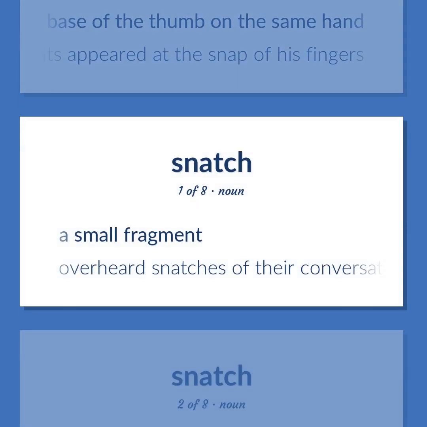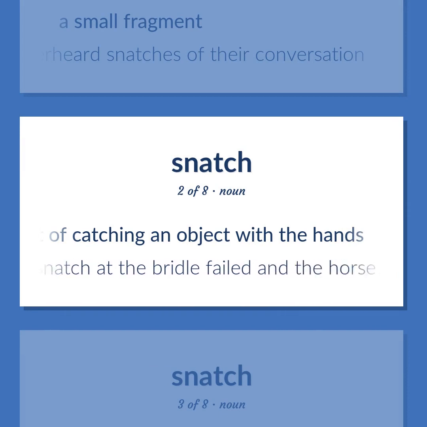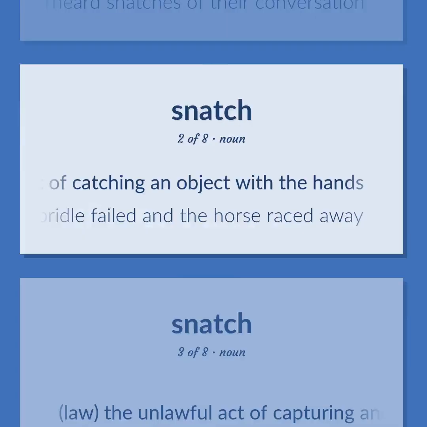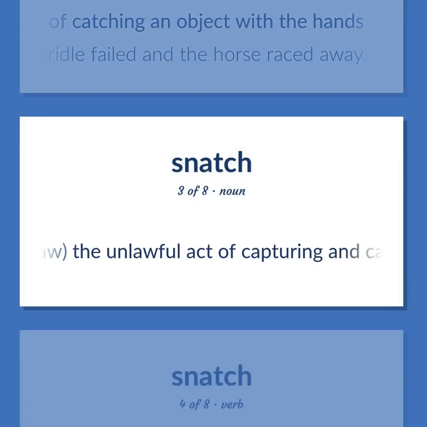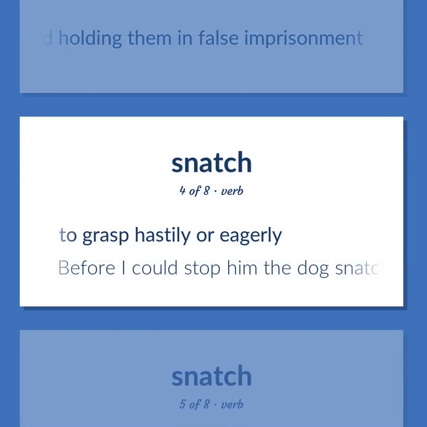A small fragment. Overheard snatches of their conversation. The act of catching an object with the hands. Martin's snatch at the bridle failed and the horse raced away. Law. The unlawful act of capturing and carrying away a person against their will and holding them in false imprisonment. To grasp hastily or eagerly.